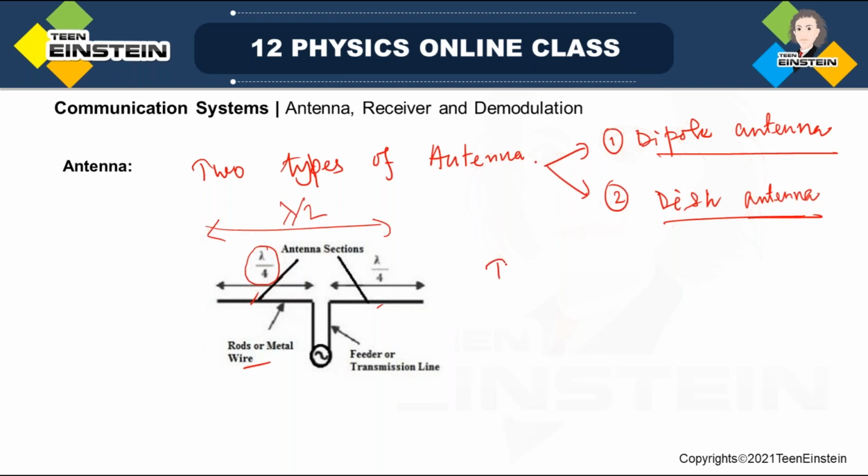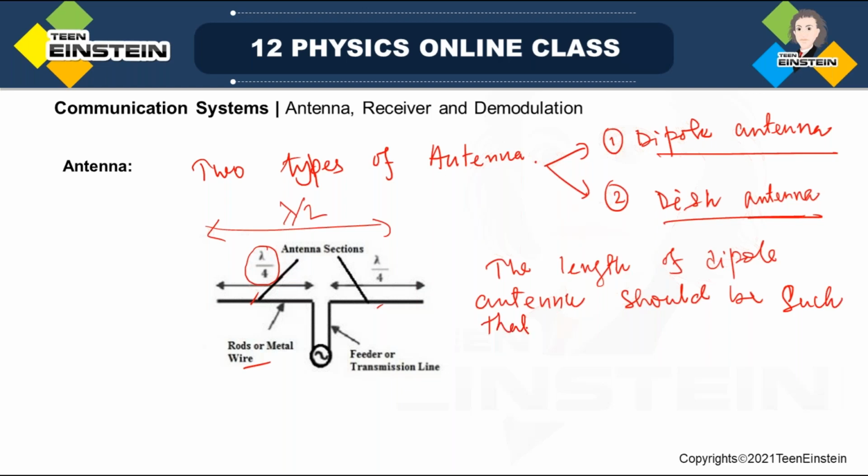So the length of the dipole antenna should be such that it is in resonance with the carrier frequency.